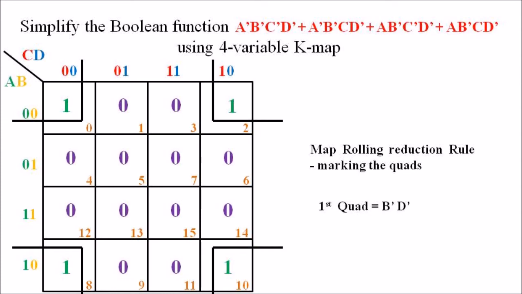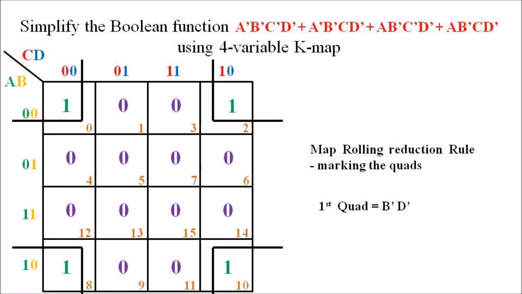The reduction comes like this. Since this quad has the row values 0, 0 and 1, 0, that is row 1 and row 4, the values of the variables are 0, 0 in the first row and 1, 0 in the fourth row. The value of variable a changes from 0 to 1 when moving from row 1 to row 4, and the value of b remains unchanged with b equal to 0.